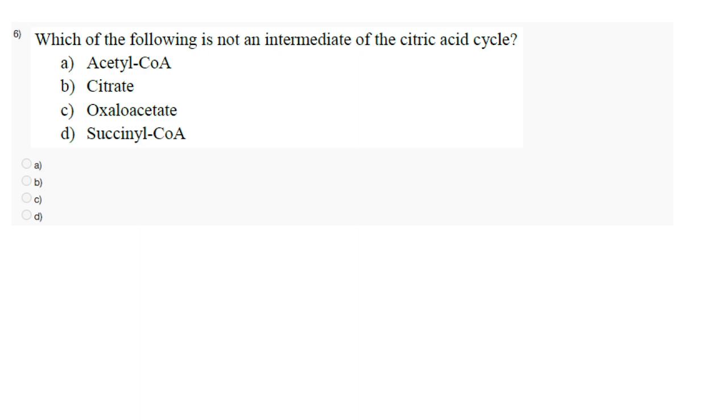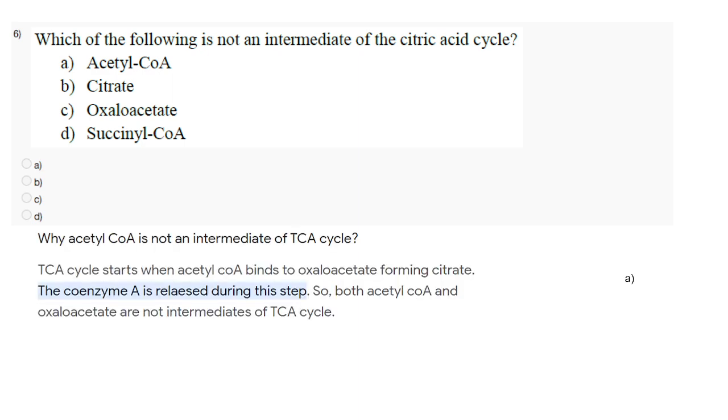Oxaloacetate. Okay, but I think acetyl coenzyme A is not an intermediate of the citric acid cycle. The cycle starts afterwards, so it is not an intermediate of the citric acid cycle. That's why acetyl coenzyme A is not an intermediate of the TCA cycle.